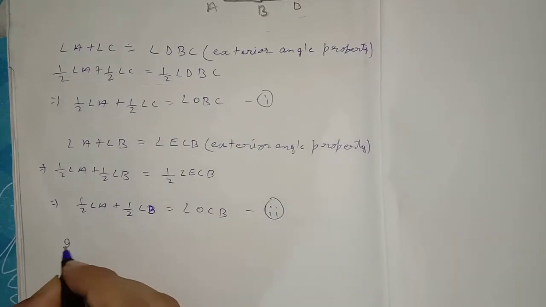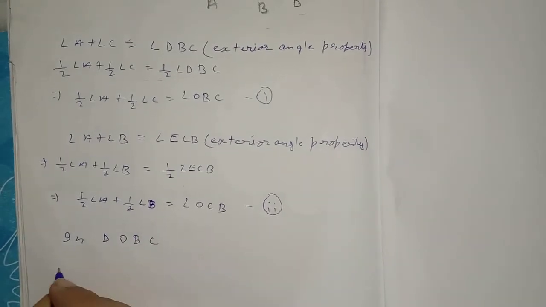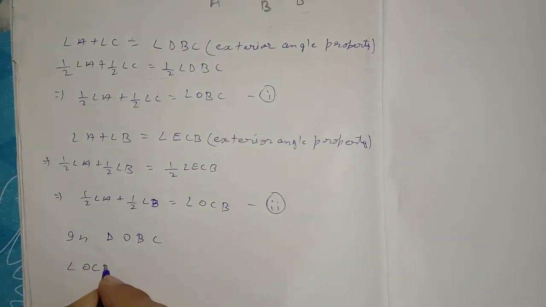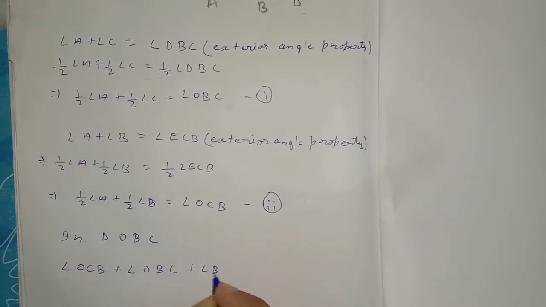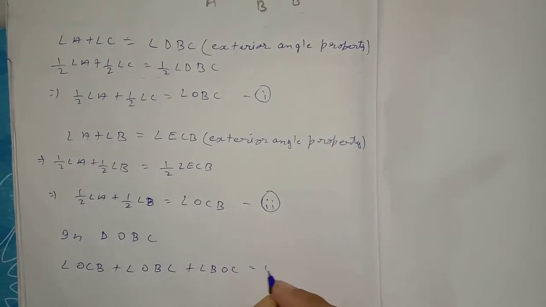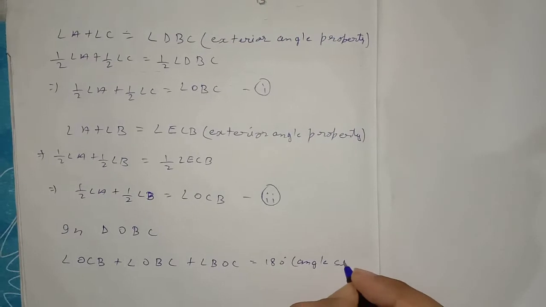So in triangle OBC, angle OCB plus angle OBC plus angle BOC is equal to 180 degree. This is our angle sum property of triangle.